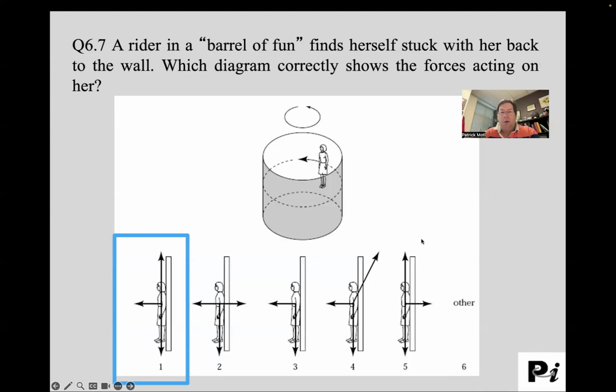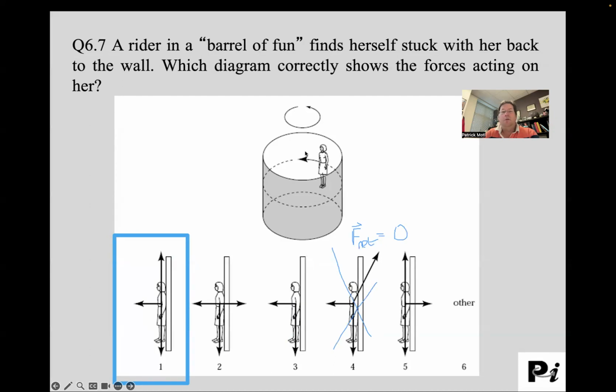All right, so first off, let's look at 4. If I take those 3 forces together and I add them up, I will find that the net force in case 4 is equal to 0. If the net force is 0, Newton's first law of motion tells us we move in a straight line. If we move in a straight line, that means we are flying through the ride.